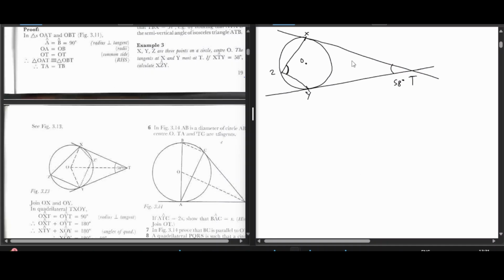Firstly, we acknowledge kuti this line is equal to this line up until this point. Saka xt is equal to yt. Then we can cite a reason kuti they are tangents from external point. So tangents from external point. That is the reason why they are equal.